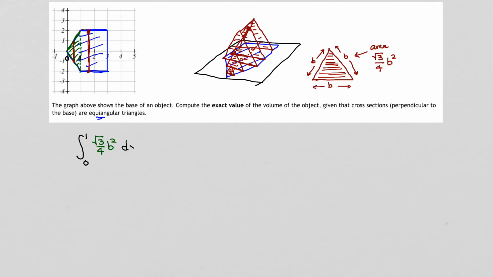And then I'm going to add to it the other equilateral triangles, running from 1 to 3. I'm going to put those in blue because their bases are determined by the top and bottom functions, which are my blue functions.